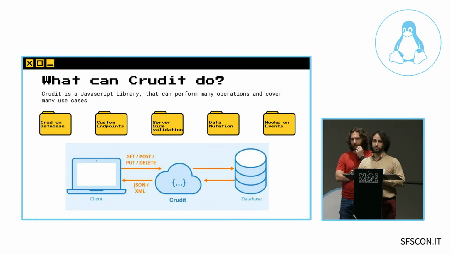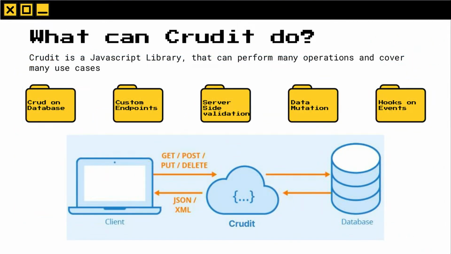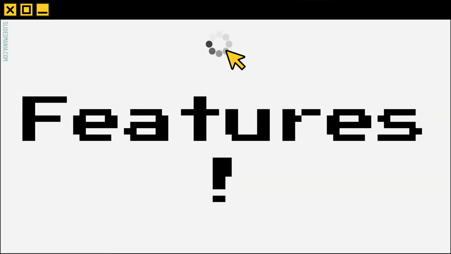It can do many more. It can do more than a simple CRUD interface with a database. It can create custom endpoints, server-side validation, data mutation, and hooks on events. So it can be used for many, many other things. Let's explore all these features.